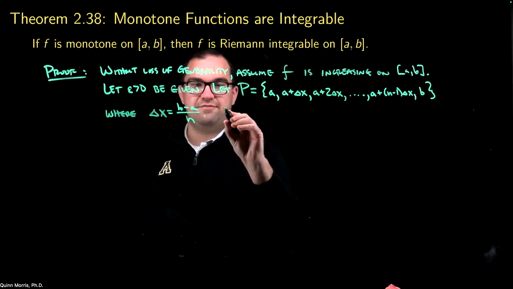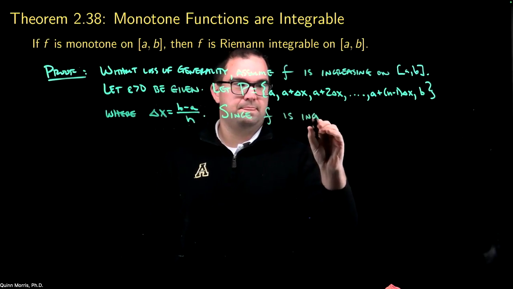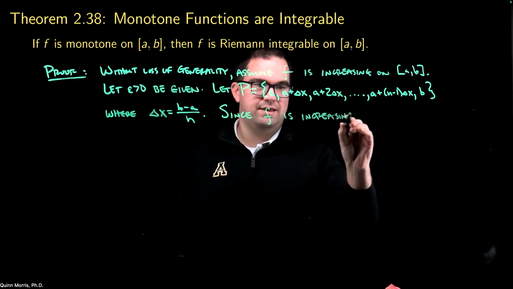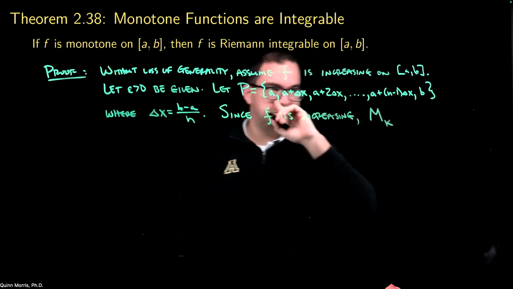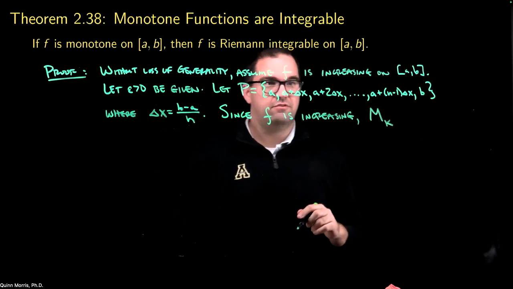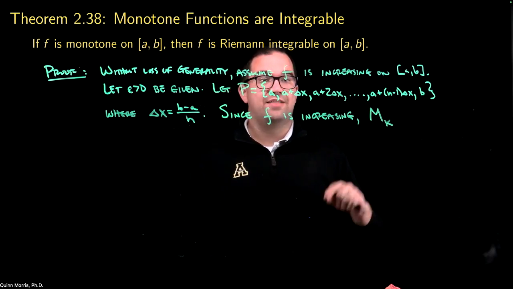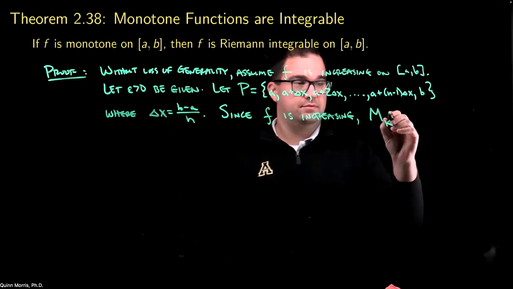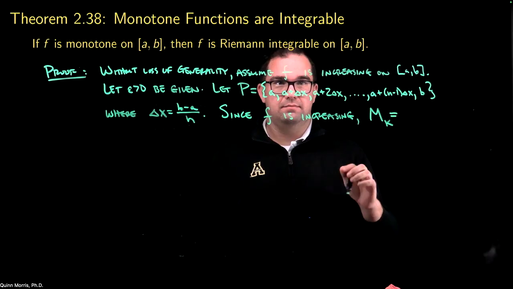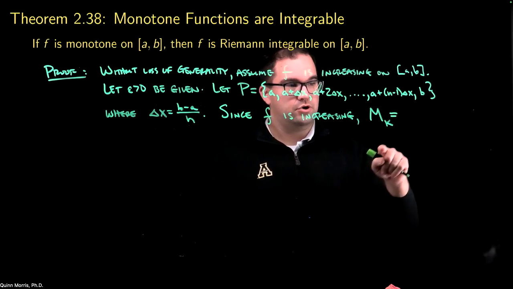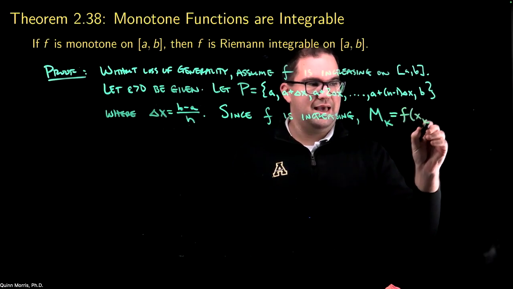All right. Since f is increasing, just as we did with x cubed, on any one of these subintervals, the maximum value of the function on that subinterval, or I should say the supremum, must occur at the right-hand endpoint. So this maximum value would just be f of x_k.